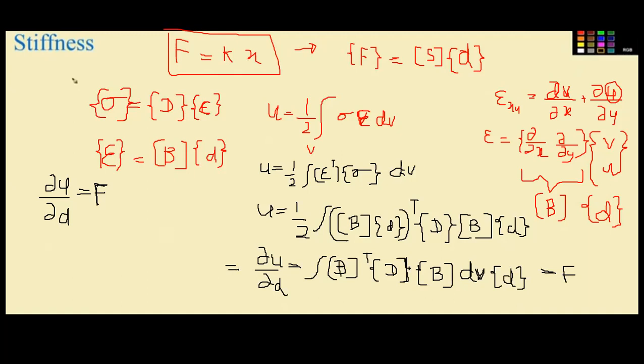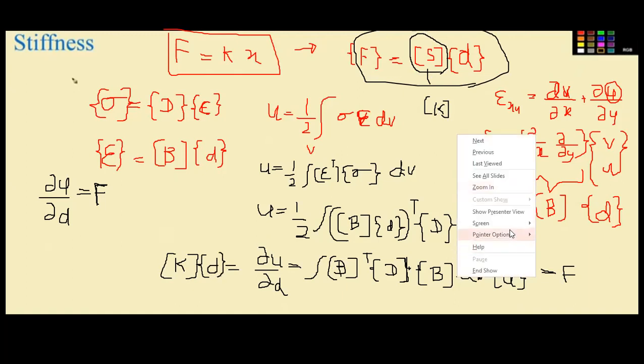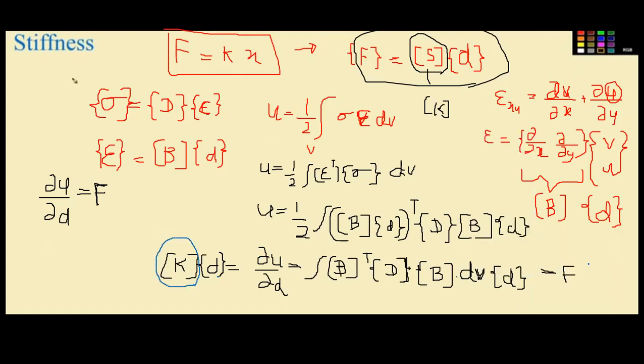So this equals f, and f is equal to k into d, or S, you can write it as S, the stiffness matrix, as here. Okay, you can write k. So this matrix, k into d. You can see that we have an equation k into d equals f. So that means k should be this part, this into B, right?